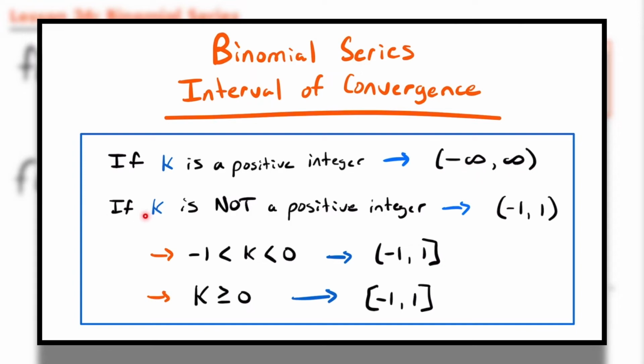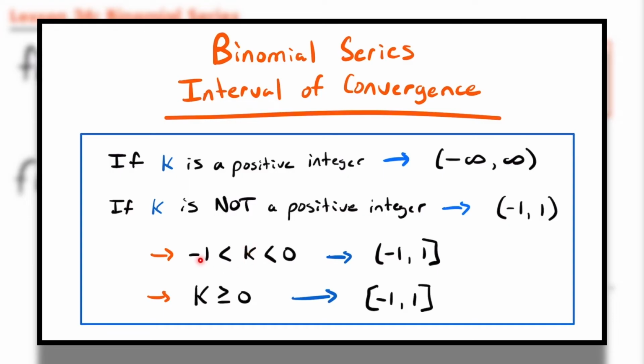But if k is not a positive integer, so that could be -1, that could be 1/2, because 1/2 is positive but not an integer, 1/2 is not a whole number, and so anytime k is not a positive integer, the interval of convergence will at least be from -1 to 1. However, it could change if one of these other two requirements is met.